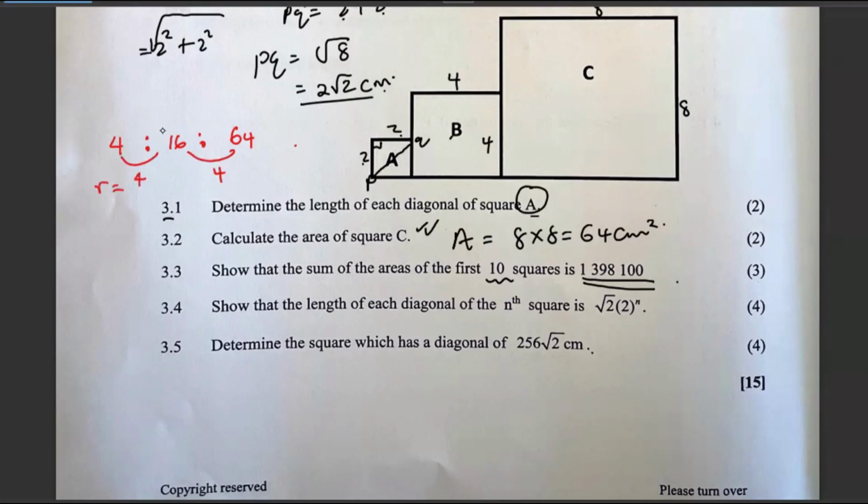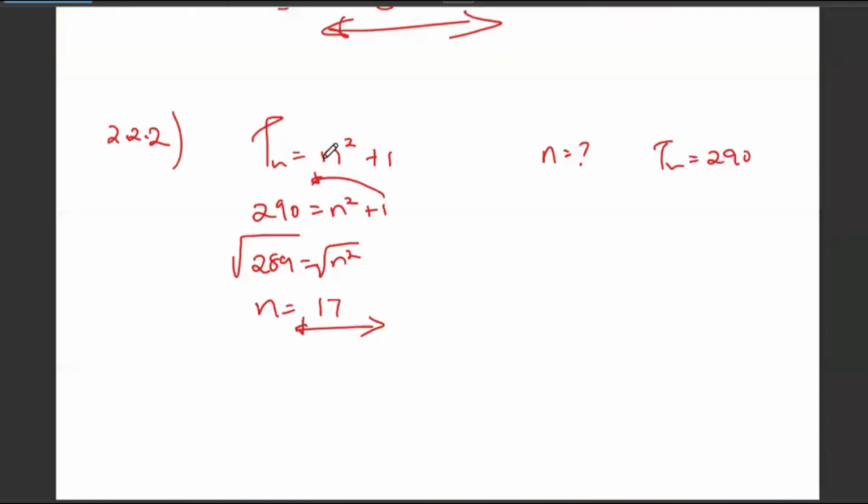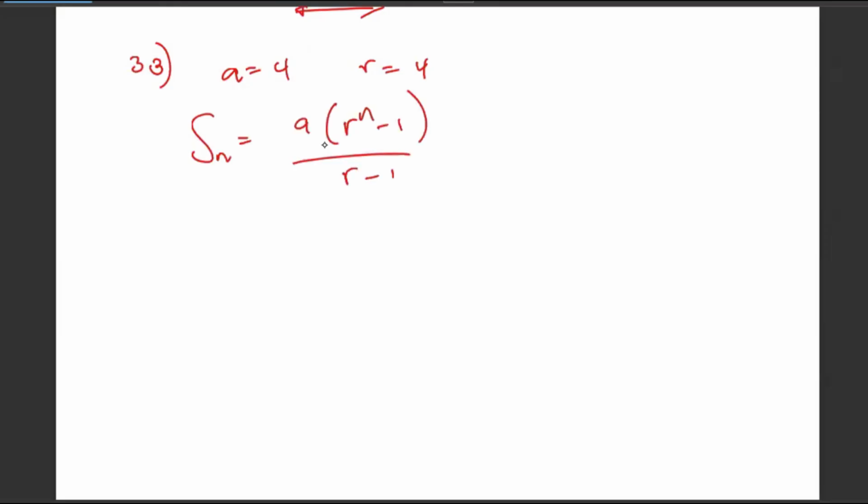They want us to get the sum of the first 10 terms. So I'll write it aside, 3.3. Our a is 4, the common ratio is 4. So the sum will be a times r to the n minus 1 over r minus 1. S10 is going to be 4 times, open brackets, 4 to the exponent of 10 minus 1, over 4 minus 1.